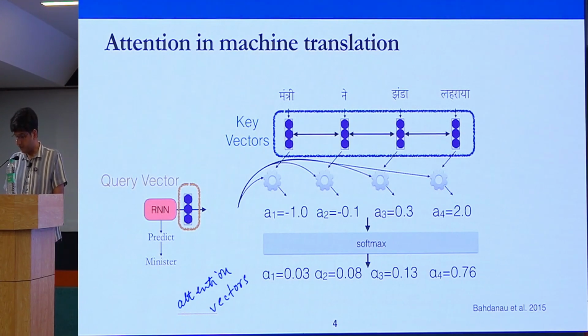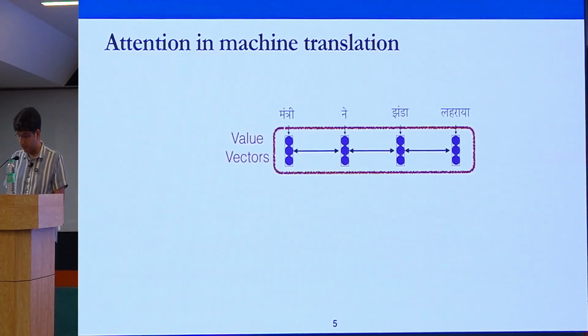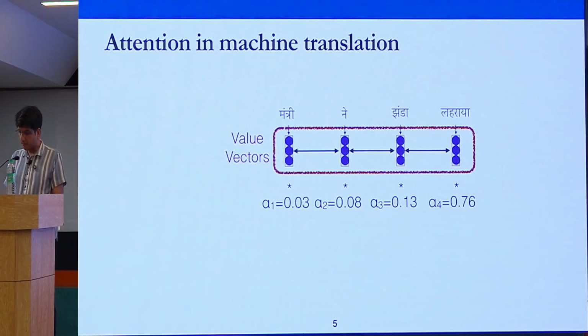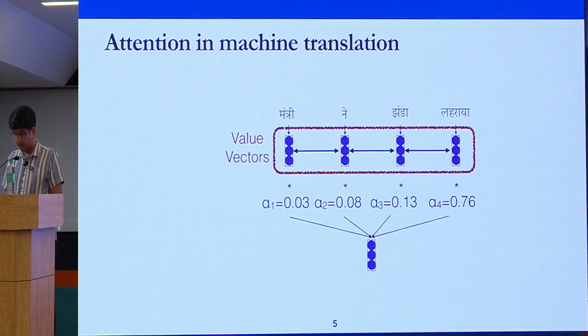These sum to 1, and you can see that maybe this hidden representation has matched most strongly to this last token leheraya. So we will consider these as values, and in the same proportions that we just arrived at, we will take a weighted sum. In the weighted sum, this will have a 0.76 weight, because this was the strongest match.